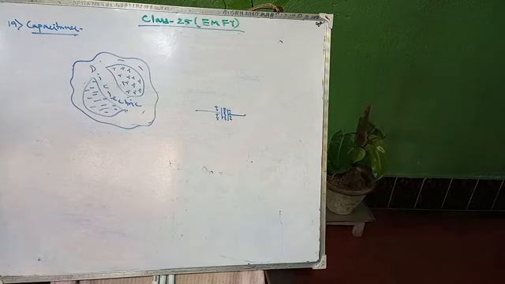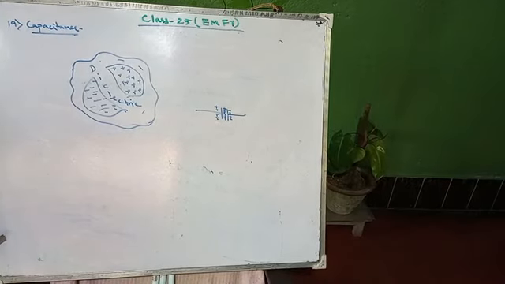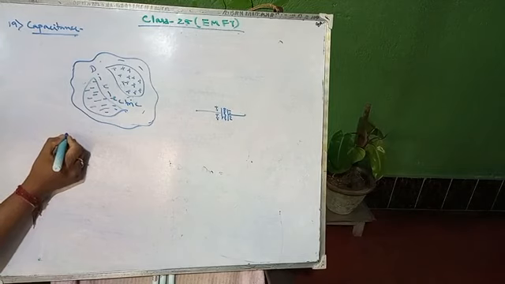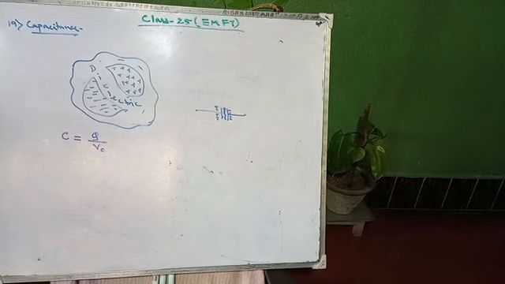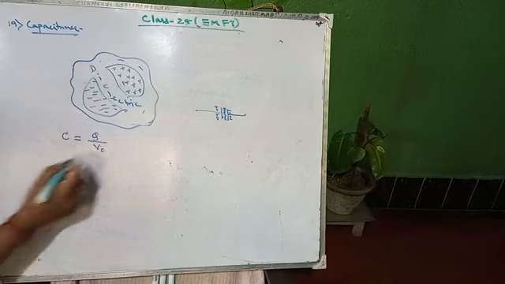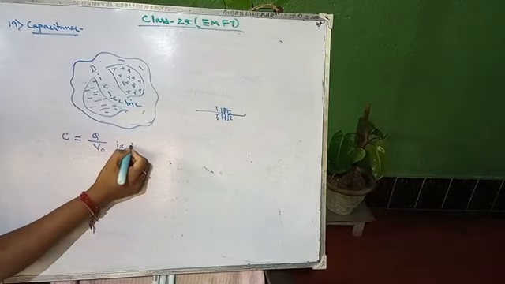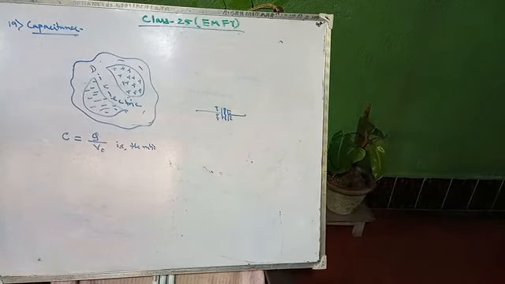Next, according to the definition of capacitance, capacitance can be defined as C equals capital Q by V naught. That is the ratio of the magnitude of the total charge on either conductor.